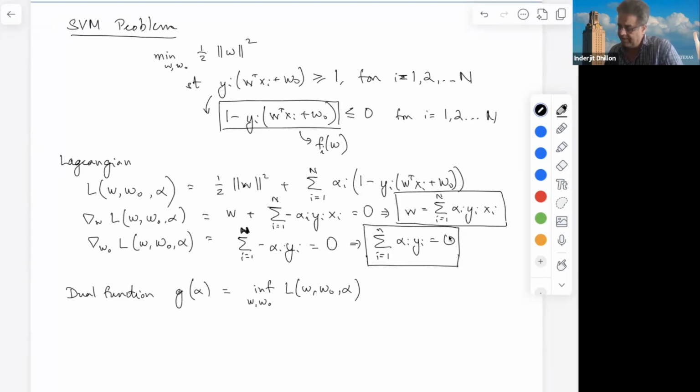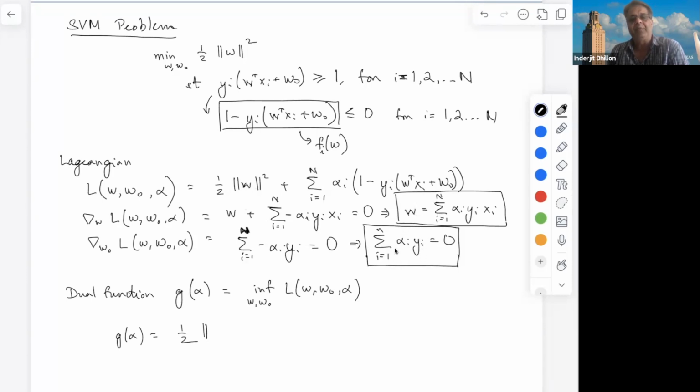Okay, so g of alpha is going to be equal to half of, so remember, this is my L. I found that the minimizer is this. So I'm going to substitute this W over here and this W over here.